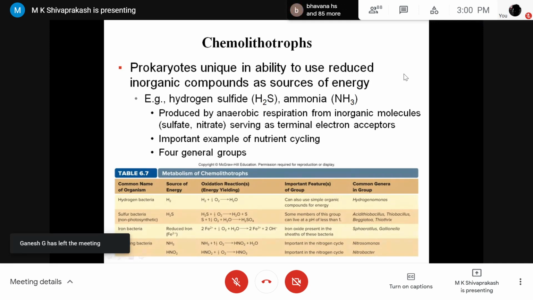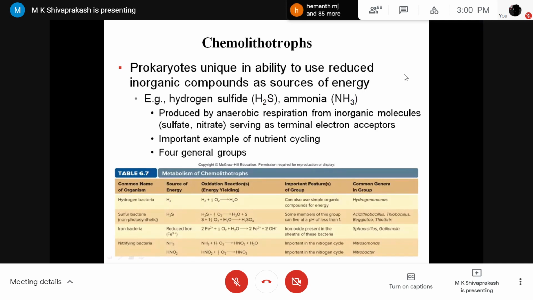Other forms of sugars, like 4 carbon or mainly 5 carbon sugars, are converted initially to the 6 carbon state, and then made to enter the catabolic pathways.